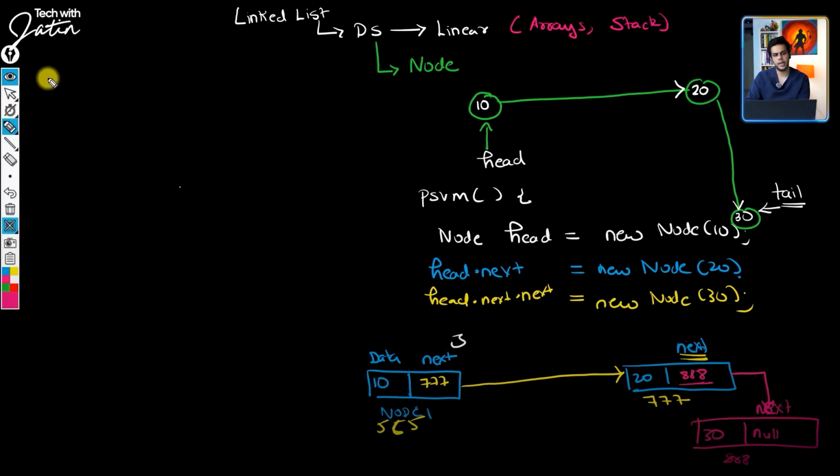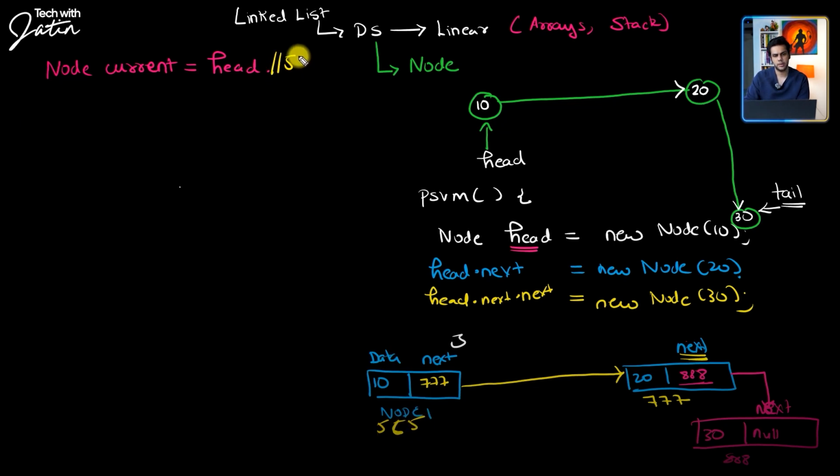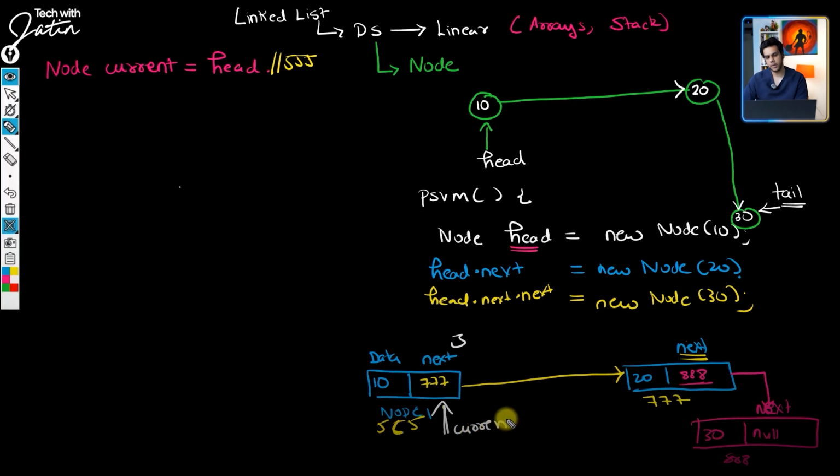So I'm going to first create a pointer, Node current. Current is going to be initialized with wherever the head is pointing. Head is pointing to 555. So this is my head pointer. Let me use a different color for you guys. This is my current now. Current is pointing to 555.